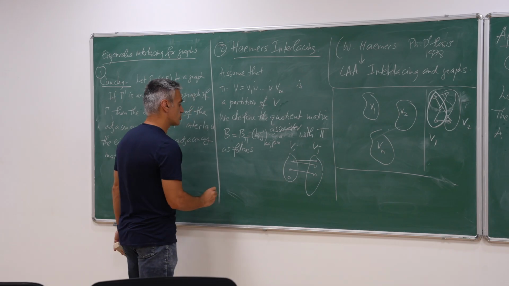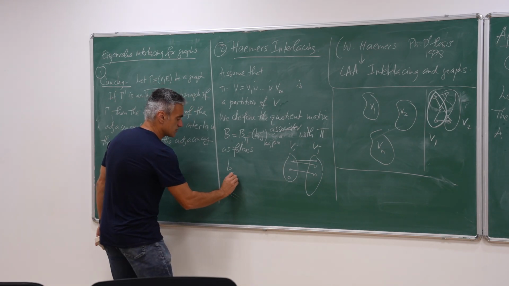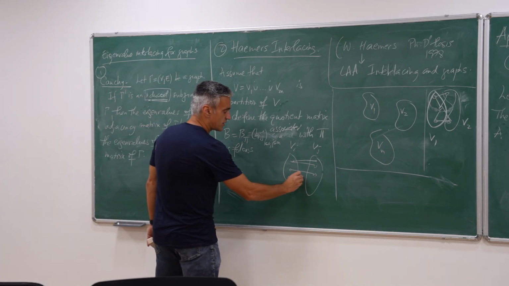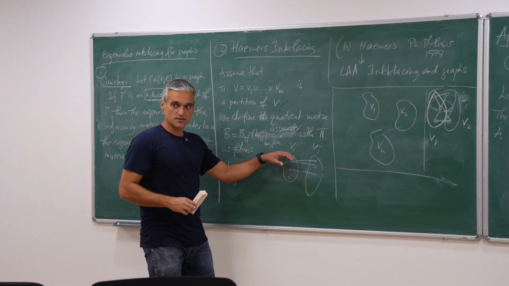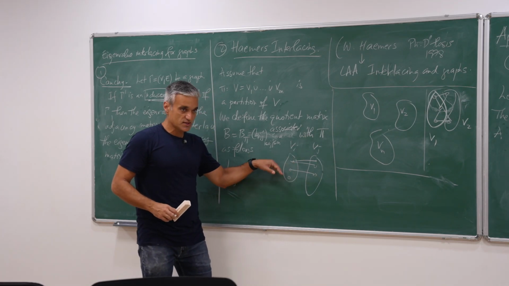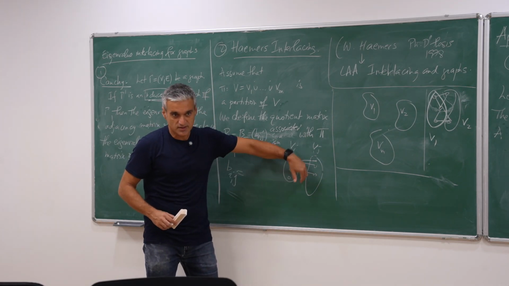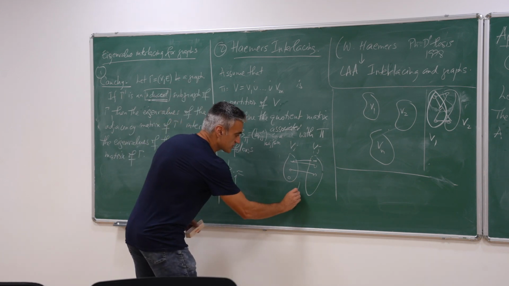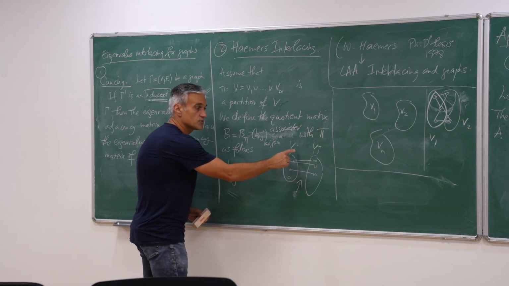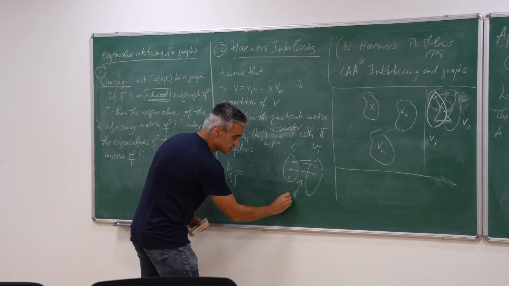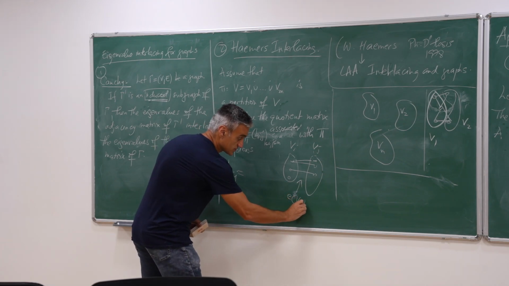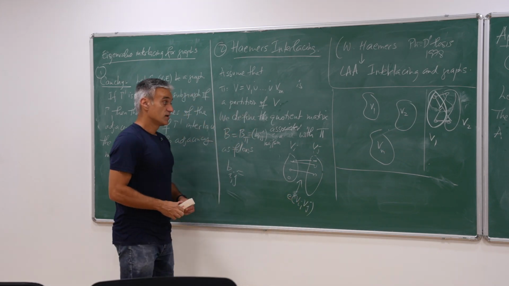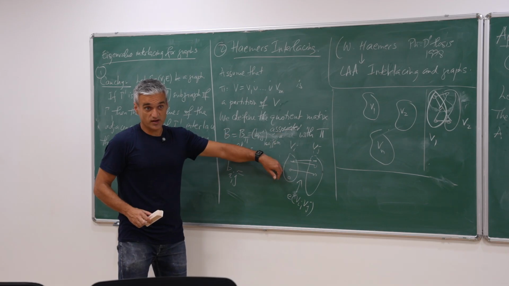Okay? So I will define Bij as the average of the number of neighbors of a vertex from here that live in here. The other way to look at it is you count the number of edges between Vi and Vj. Let's call it e(Vi, Vj). And you divide by the cardinality of Vi.